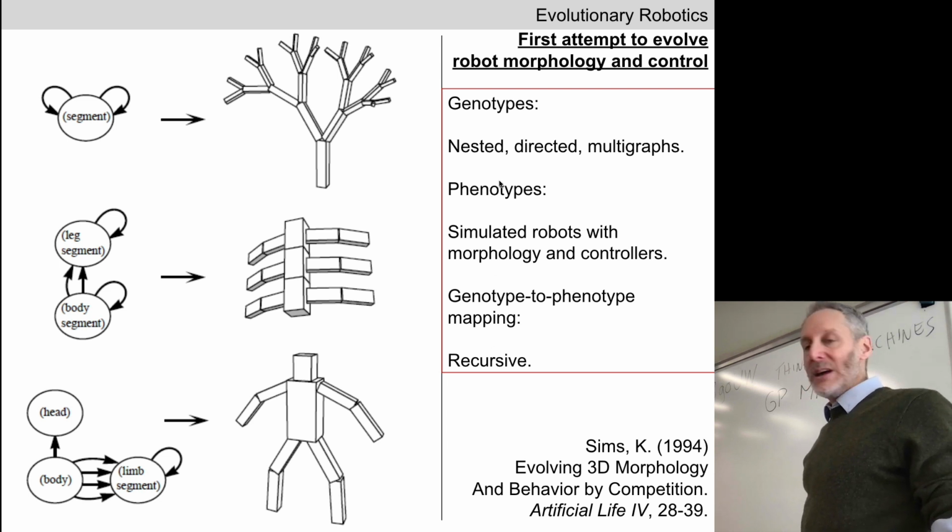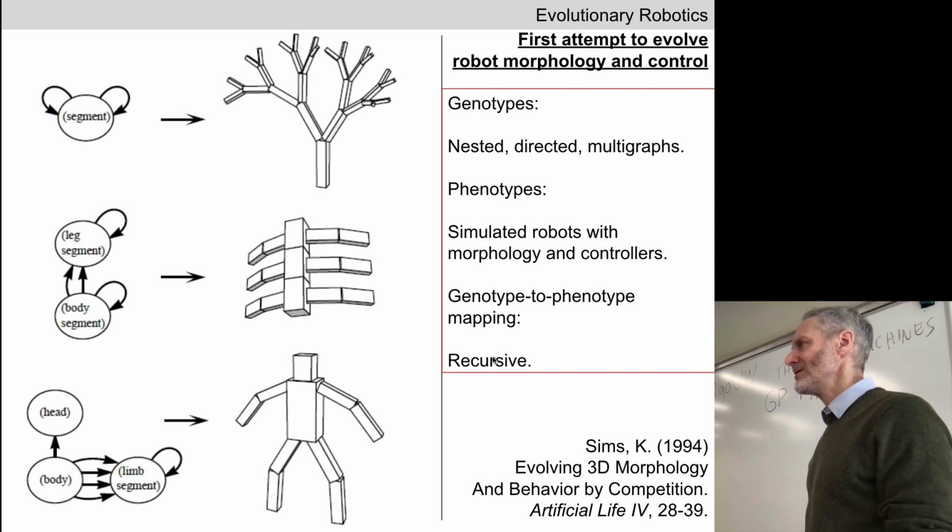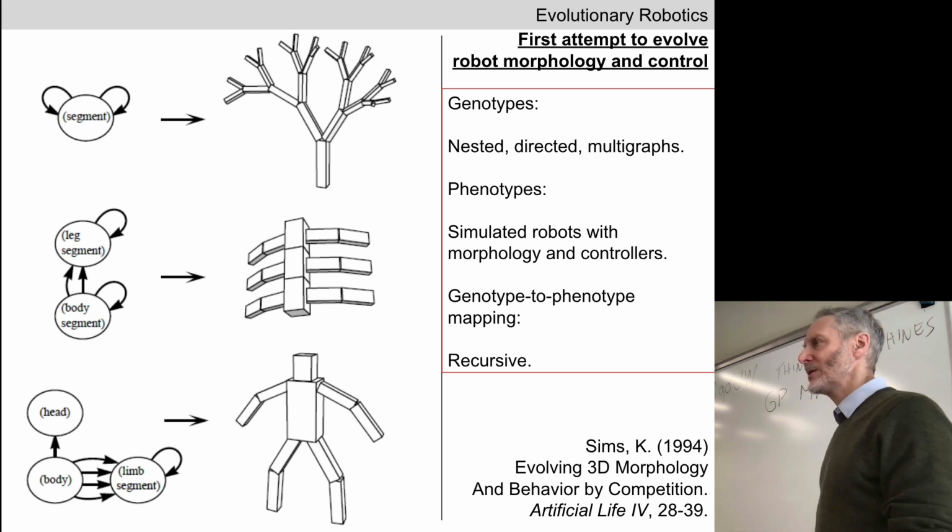This particular mapping, the way that we're going to turn these graphs into trees, is a recursive algorithm. We haven't gone into the details of exactly how this mapping happens yet, but you should already be able to see there are some visual hints here about the recursive nature of this mapping. How is it recursive? What does it mean to have a recursive genotype to phenotype map?